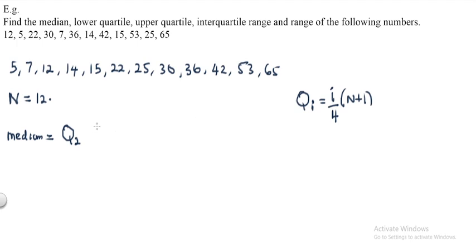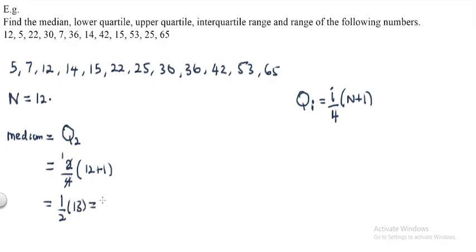In this case, since we have Q2, the second quartile, this will be equal to 2 over 4, open bracket, n is 12, so 12 plus 1, close bracket. And then this is equal to, 2 into 2 is 1, 2 into 4 is 2, so we have 1 over 2, open bracket, 13.